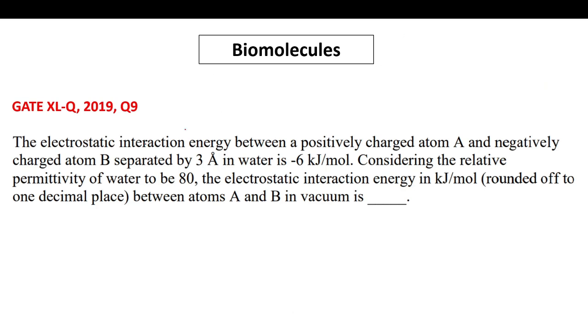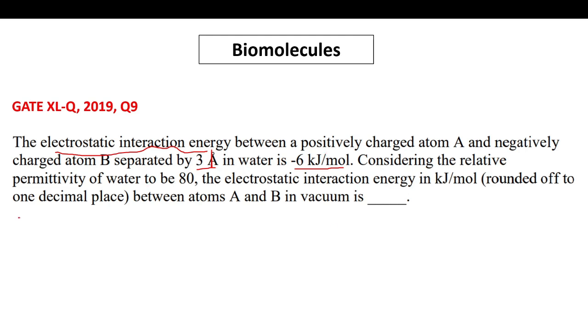Now again I am reading the question. The electrostatic interaction energy is already given here, that is minus 6 kilojoule per mole. There are two charged atoms, atom A and atom B, separated by 3 angstrom, so the R value is also given.